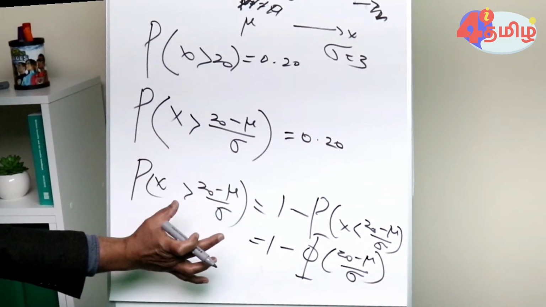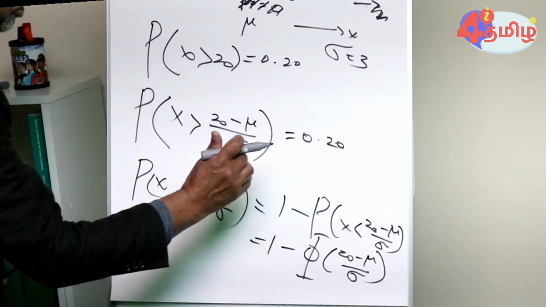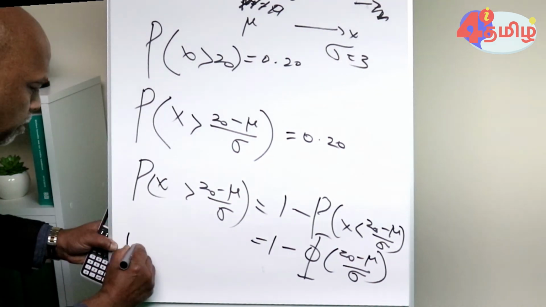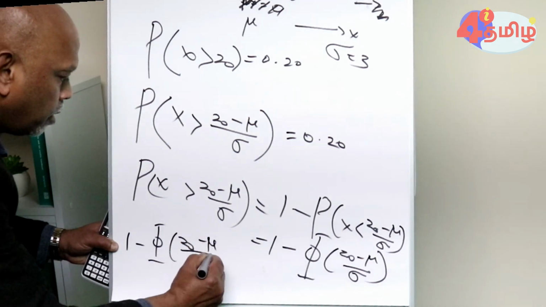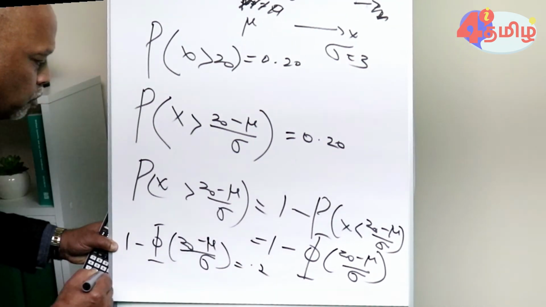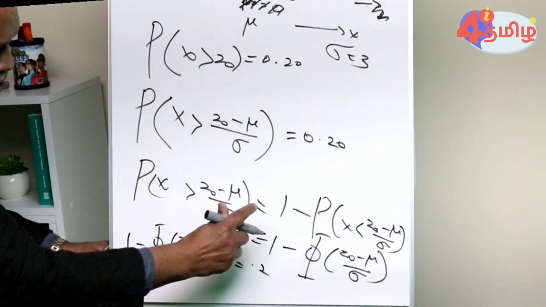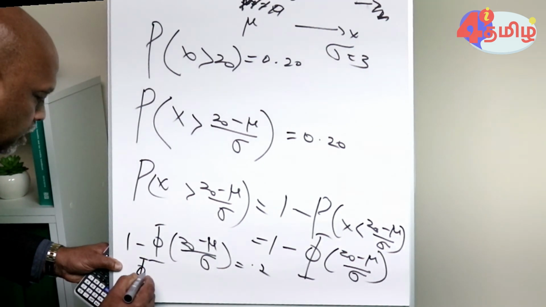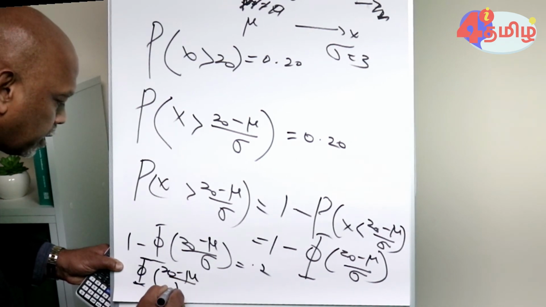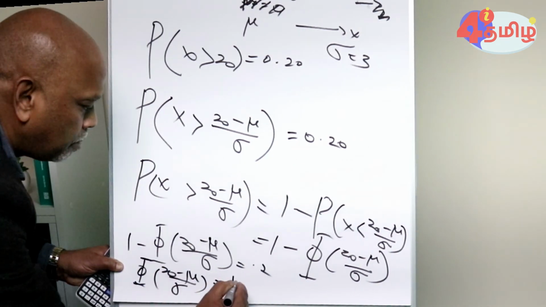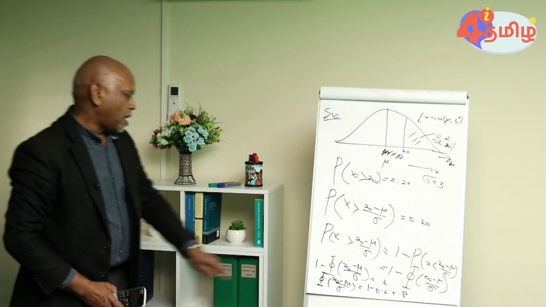So I could write 1 minus P(Z less than 20 minus mu over sigma) equals 0.2. If we take that to the other side, the P of 20 minus mu divided by sigma equals 1 minus 0.2, that is equal to 0.8. So now we come to this form.